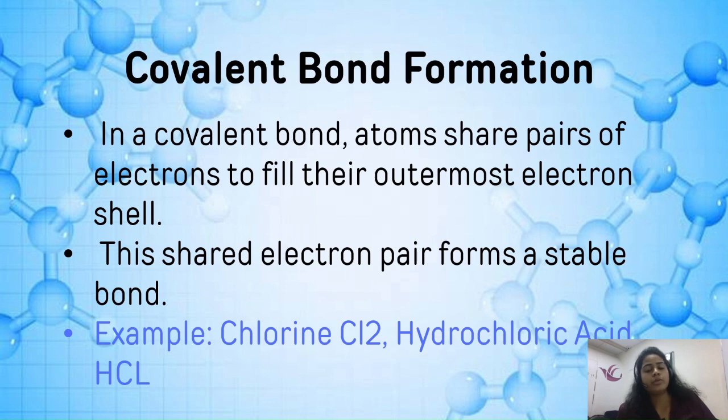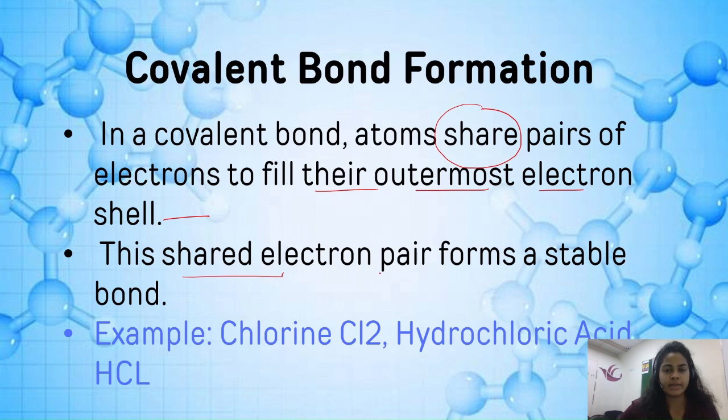Next, how does covalent bond formation take place? In a covalent bond, atoms share a pair of electrons. We have understood this many times. The sharing is to fill their outermost electron shell. The shared electron pairs form a stable bond. Why stable? Because both of them are completing their octet. See, the Cl2 example has been given.